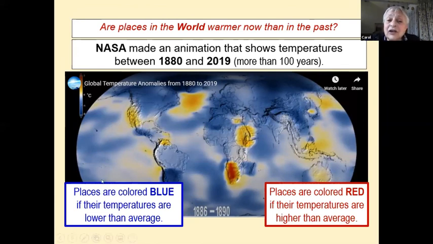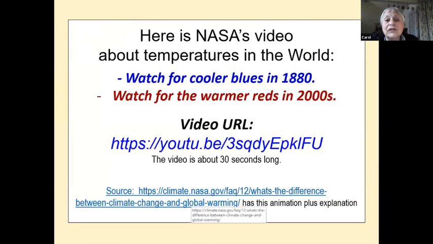The places that are colored blue on the Earth, at the time, and this happens to be 1886 to 1890, were lower than the average for these more than 100 years. You're going to see places that are colored red, and their temperatures are higher than the average for the 100 years.